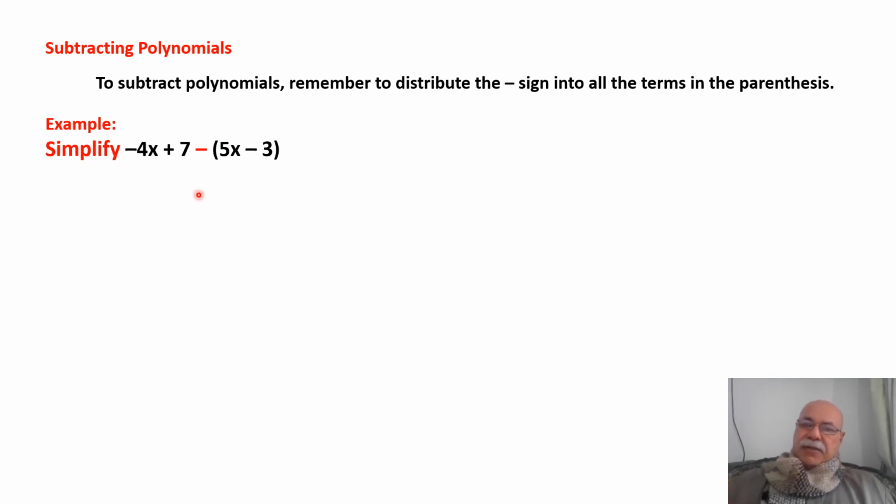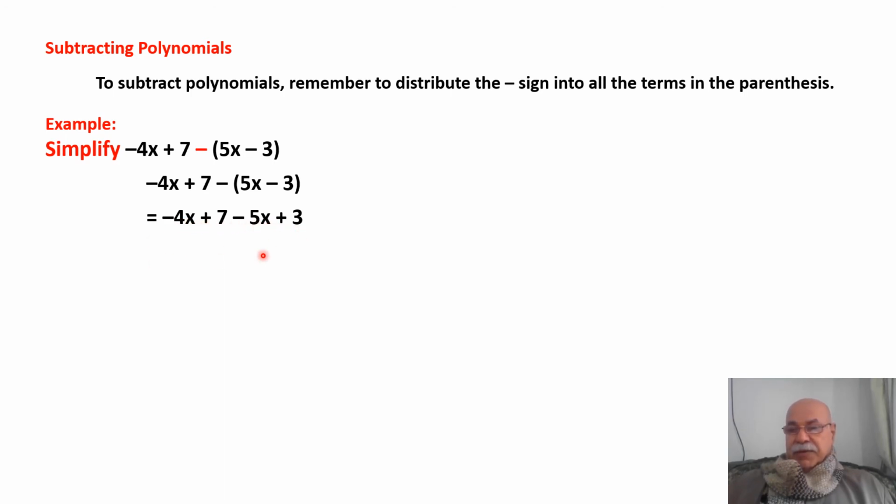Now we simplify. He asked me to simplify this question. In order to simplify it, I start with minus 4x plus x minus 5. We open the bracket here and minus 2. Now we simplify: this term, this term, this term, this term. We have 4 terms in the polynomial.